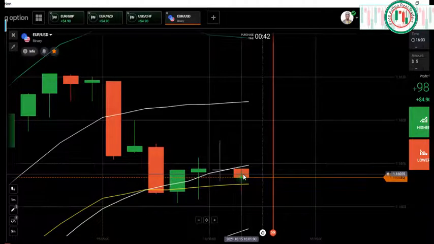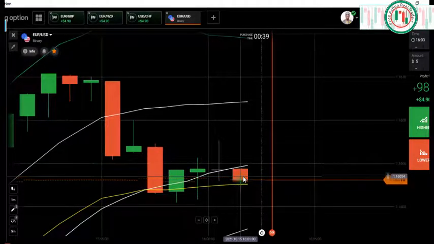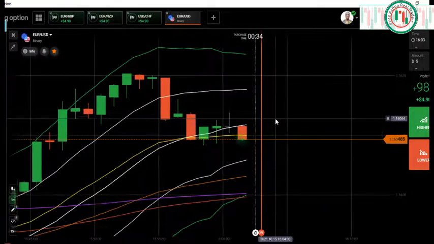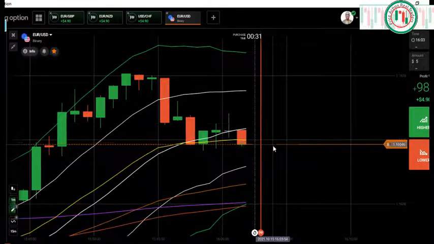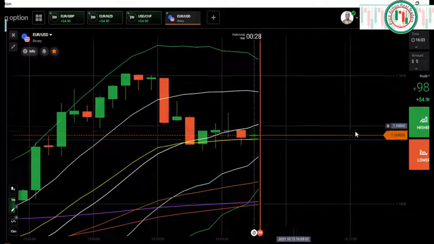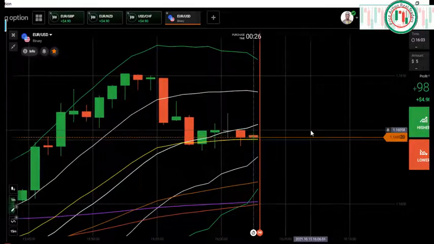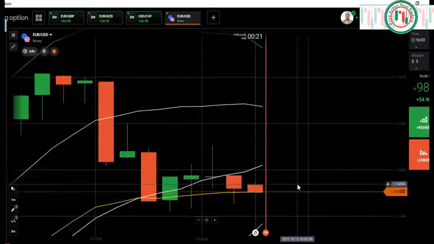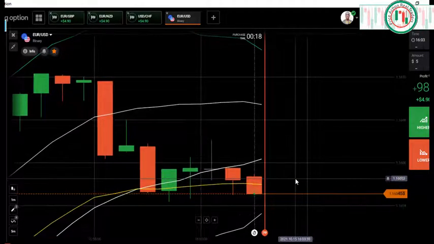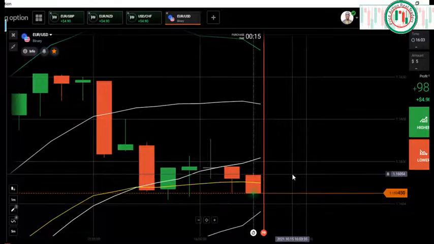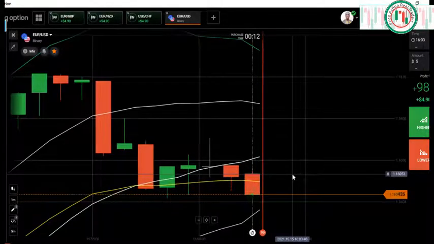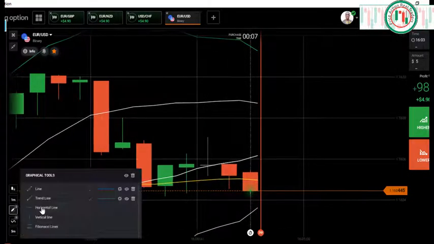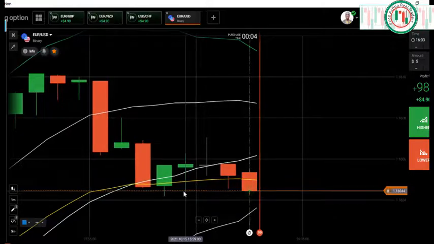If the next candle is weak, gap up, you see gap up here, that's why I didn't place my trade. Gap up, this candle, so let's wait for the next candle.